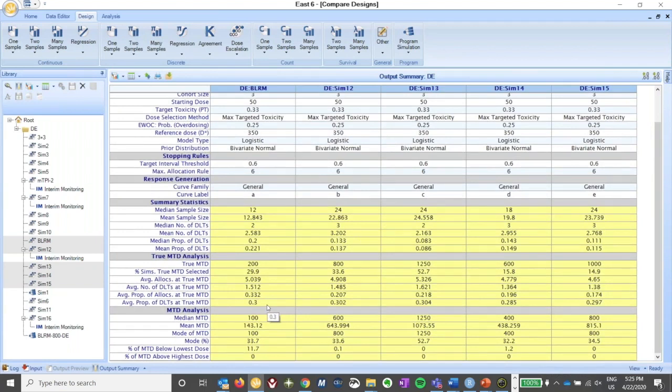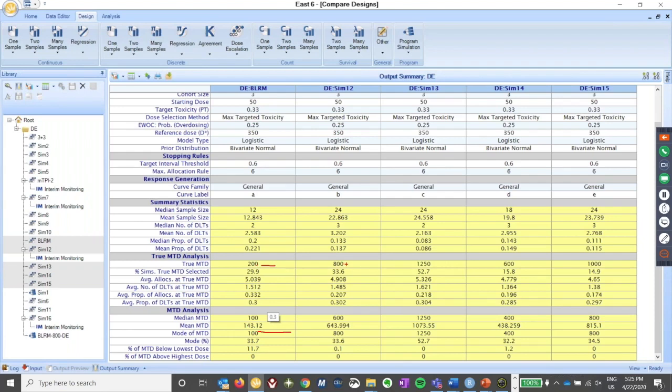So, for example, here you can see on scenario 1, this was a scenario where the true MTD was actually 200. And then you will see what the actual procedure picked as the MTD, which is the dose level that was picked the most often, or the mode from this method. And you can see that it underestimated the MTD for this reality scenario.